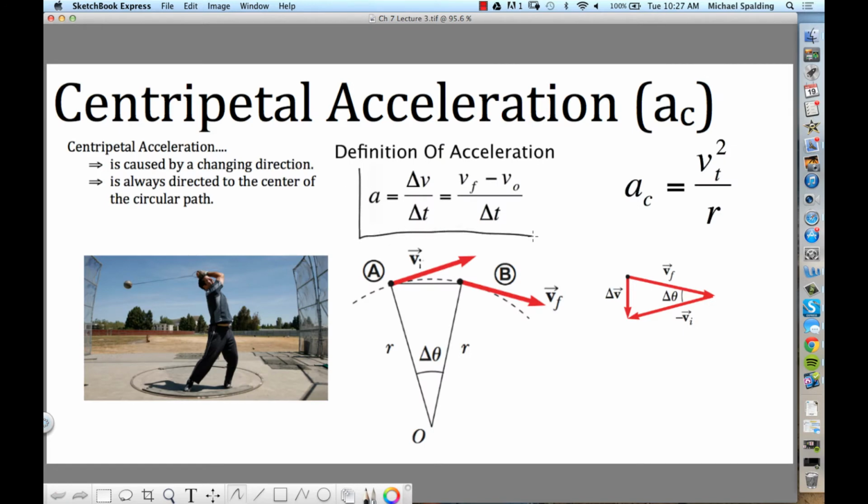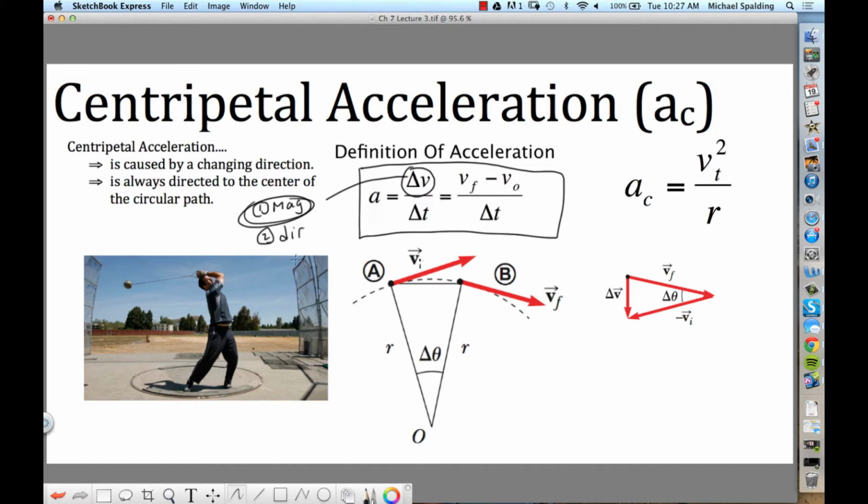So here's the basic definition for acceleration, but you got to realize that velocity has two parts. It has magnitude and it has direction. If an object's going faster, faster, faster, or slower, slower, slower, that's a change of magnitude. That's what we did earlier in the year. We already did that acceleration.